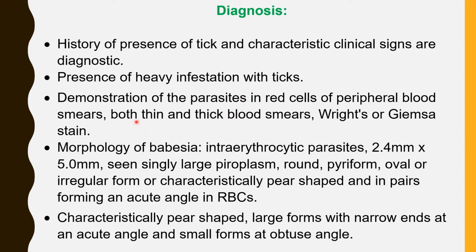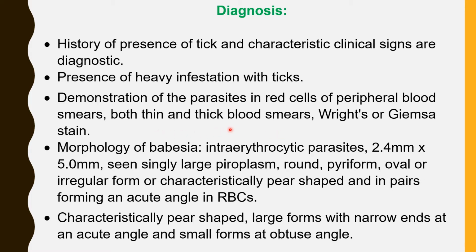Further, diagnosis can be confirmed by demonstration of parasites in red blood cells of peripheral blood smears. Two smears are to be prepared, a thin blood smear and a thick blood smear, because sometimes when the parasitemia is low, it is difficult to provide diagnosis by thin blood smears.